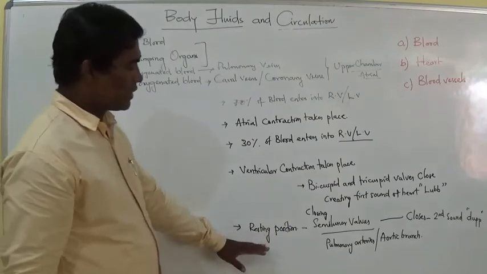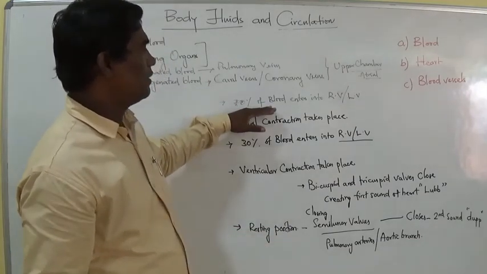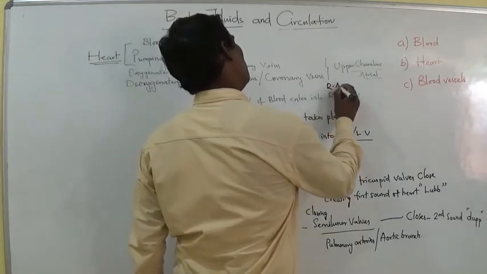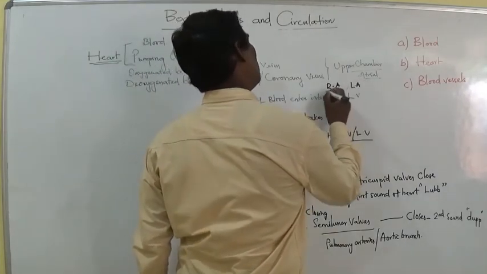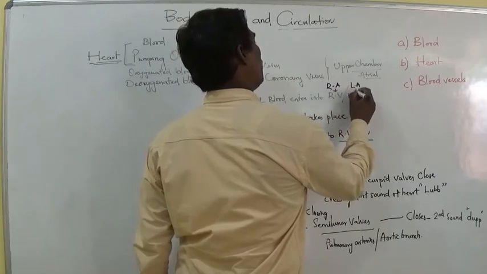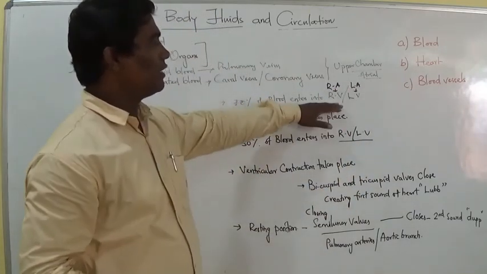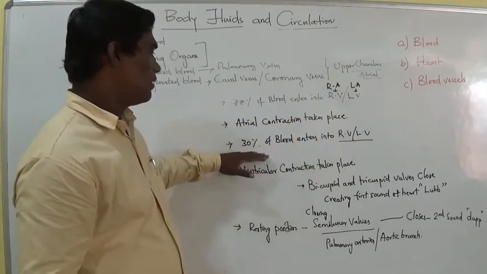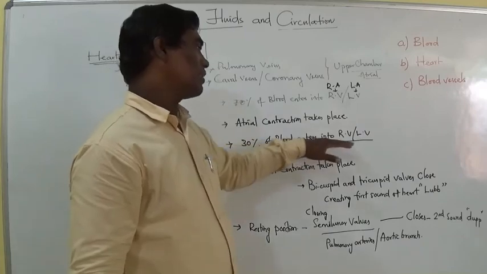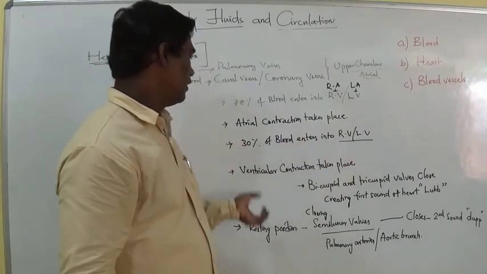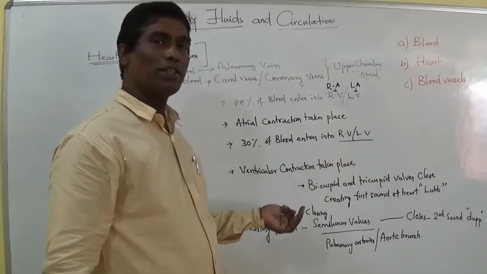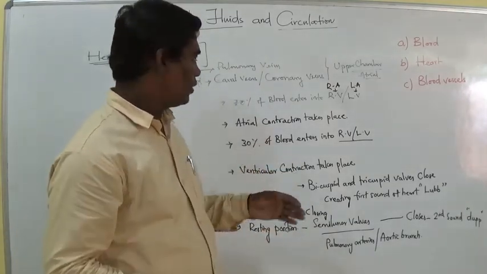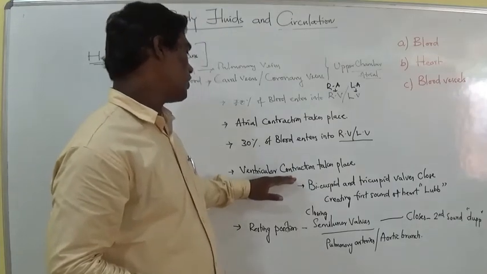Once again, in the resting position, 70% of the blood enters the right atrium and left atrium, and from there flows into the right and left ventricles, and atrial contraction takes place. Again 30% of the blood enters the ventricles, and the ventricular contraction takes place, created by the action potential from the atrioventricular node.